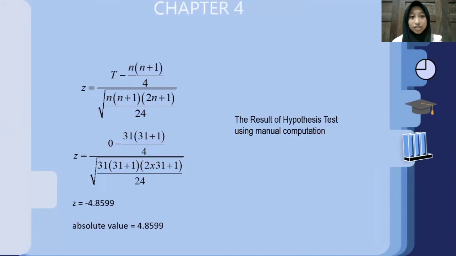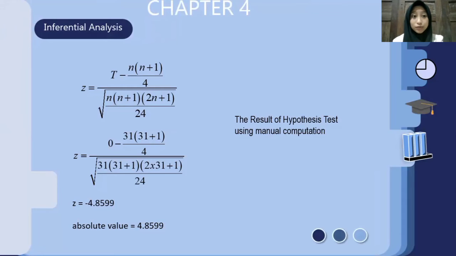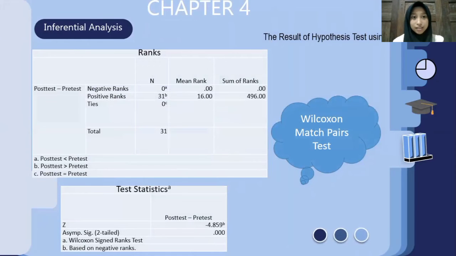In this case, I used manual computation and the Wilcoxon signed rank test from SPSS. And the result, the z-score is 4.85. Furthermore, the two-tailed significance is 0, which is lower than 0.05. The data is declared not normal.